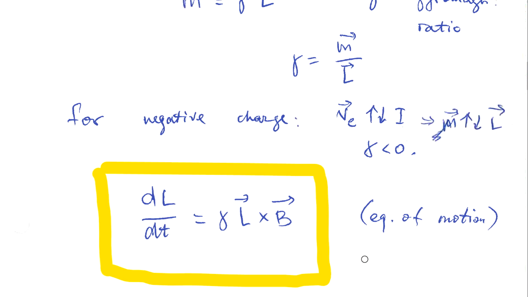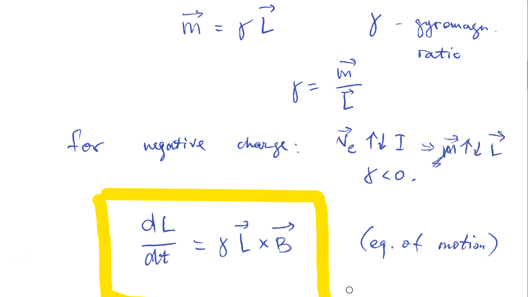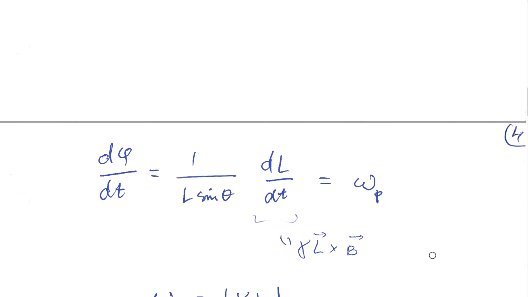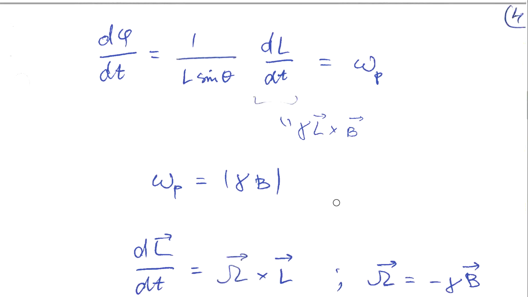And of course, if you scroll back, you can notice this: M is related to L. You can substitute M there and you will get the same equation for M. These are references. We are following exactly the same procedure as we did for the spinning top in the presence of gravity.